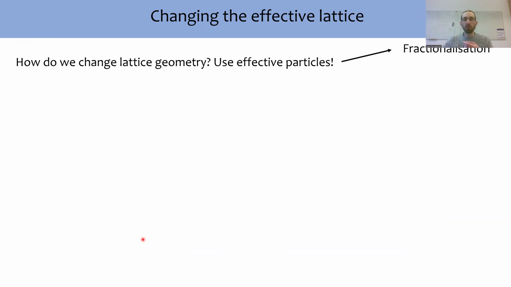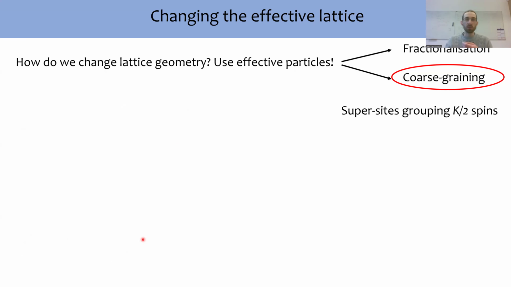There are two simple ways to do that. The first would be to do fractionalization, something like Majoranas, so each Rydberg atom is now multiple particles. The other way is exactly the opposite: coarse graining, where I take multiple sites and group them together. This is the approach we will take. So at first, we do exactly that: we make supersites, or super atoms, with k/2 spins.